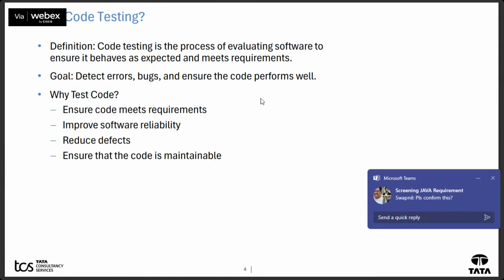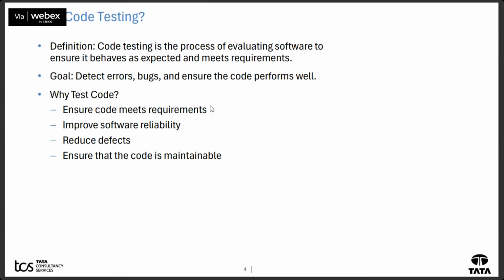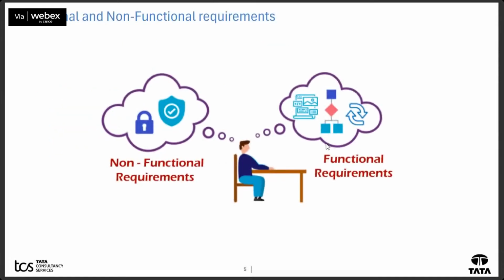Why do we test? To ensure that the code meets the requirements, improve the reliability of the software, reduce defects, and keep the code maintainable. There are two types of requirements.